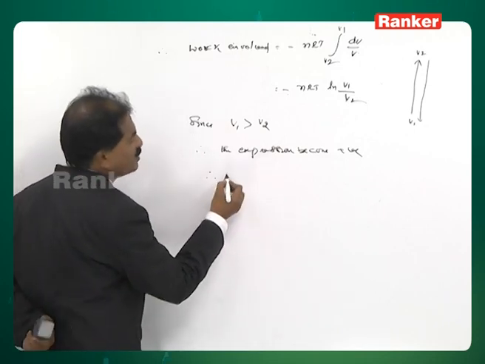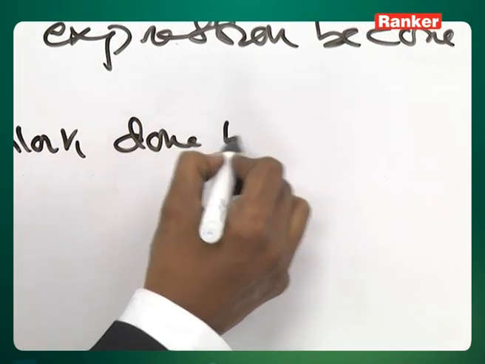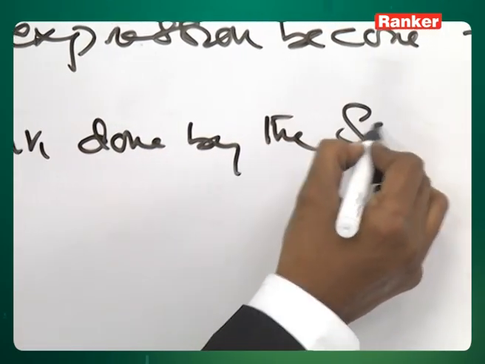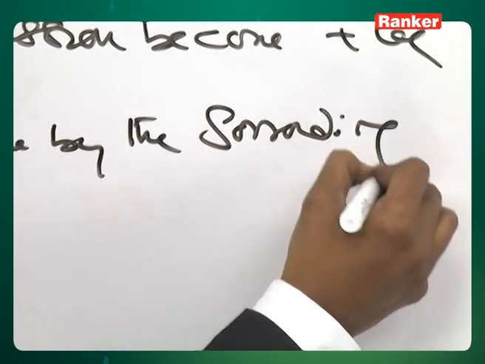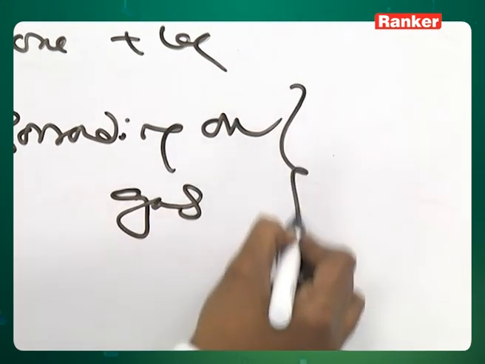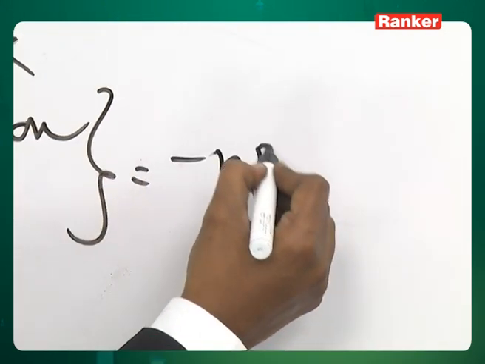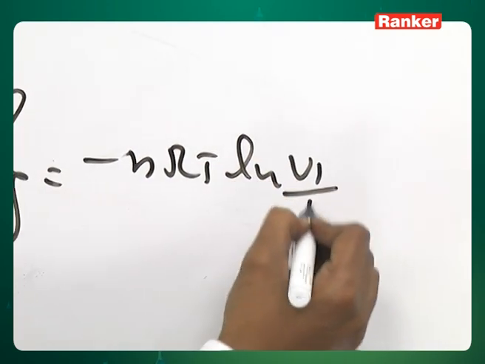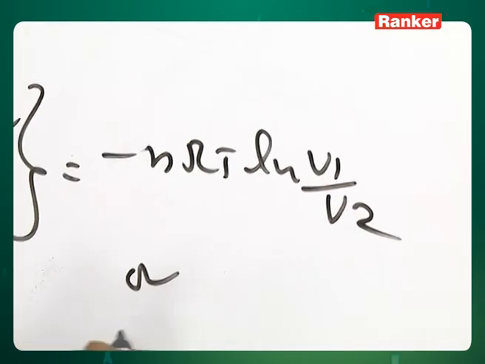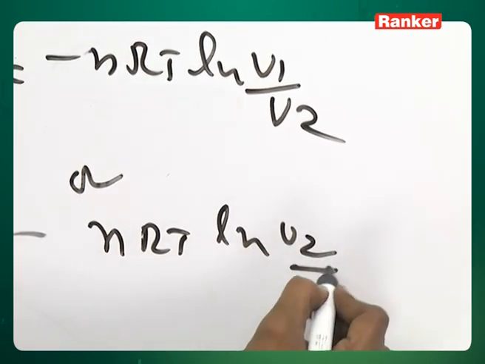That is, now we can say the work done by the surroundings on gas is minus nRT ln V1 by V2, or nRT ln V2 by V1.